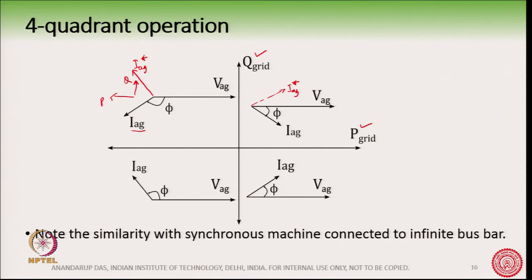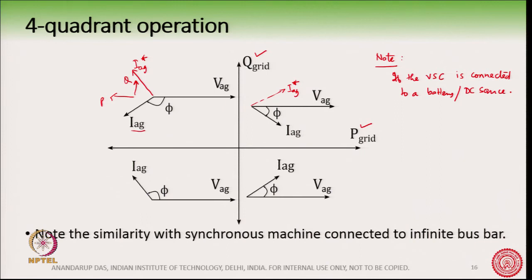Now, remember, this phasor diagram can only be drawn, and there is a note here, that this is only possible if the VSC is connected to a DC source, I mean a battery or something like that.